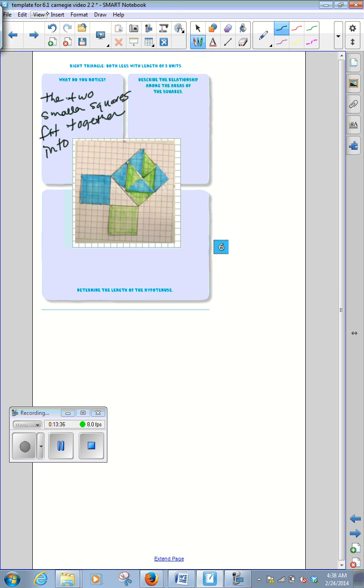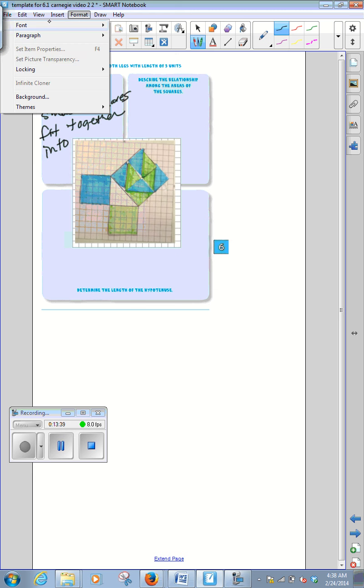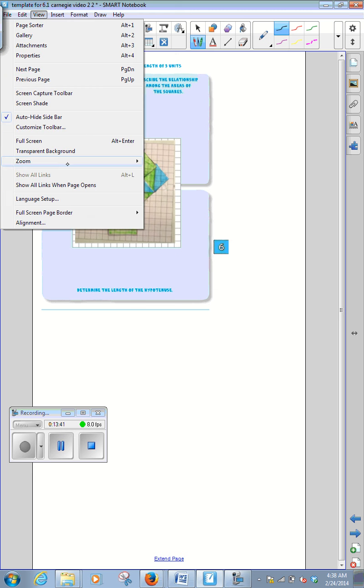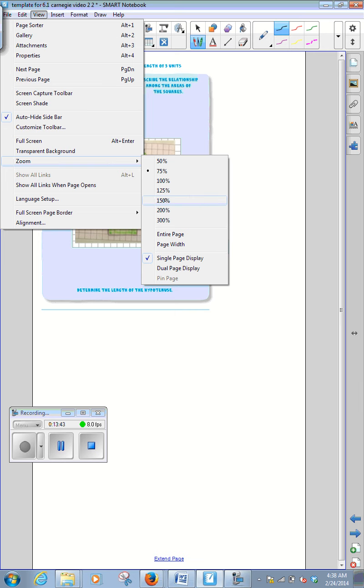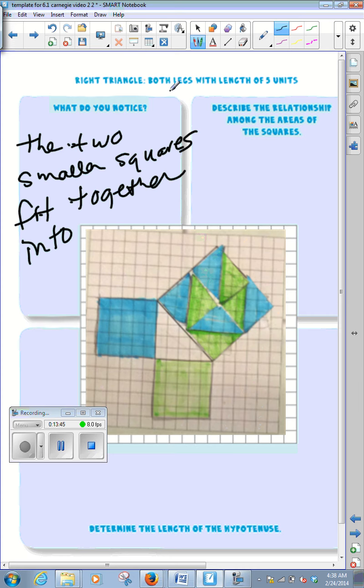I'm actually going to make this a little bigger. I got a little more room to write. So the 2 smaller squares fit together into the bigger one.